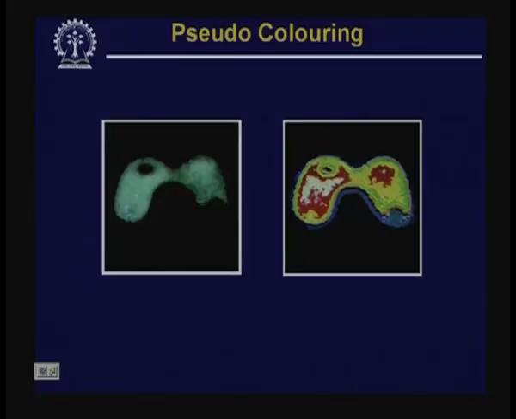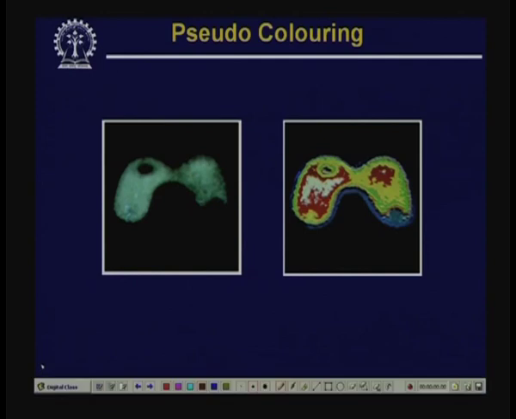This application will be more prominent in this diagram. Again, on the left hand side we have a grayscale image, and in these regions the intensity values appear to be more or less flat.